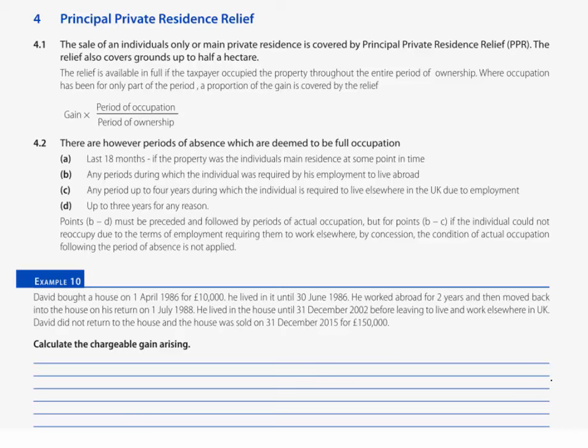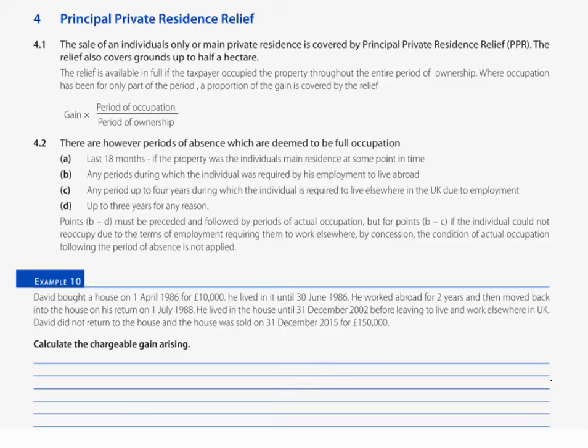Now, the principal private residence, basically the house that you live in, your main private residence, is not an exempt asset, because, as we will discover in this section, it is possible that for part of the period of ownership of the property you will not enjoy PPR relief. That's why we didn't list out the principal private residence amongst the exempt assets, because of itself it is not.